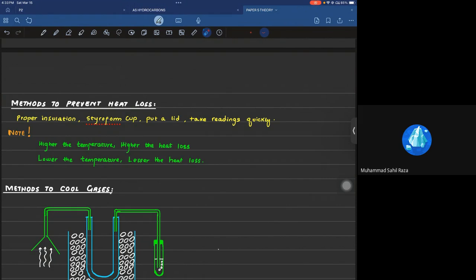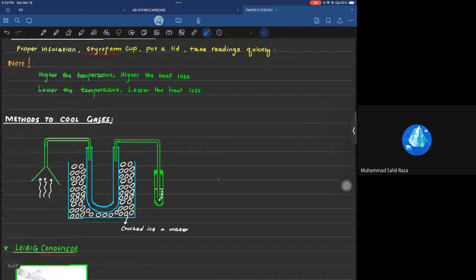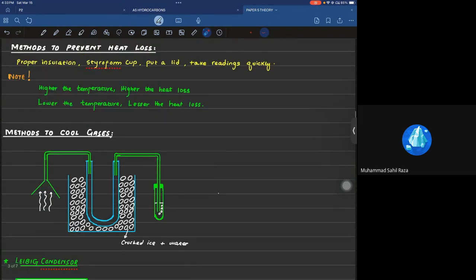And what are the methods by which we can cool a gas? Sometimes we need vapors. Vapors means a gas in the form of liquid, basically, right? Like water vapors. When the vapor condenses, it gives you a proper liquid.